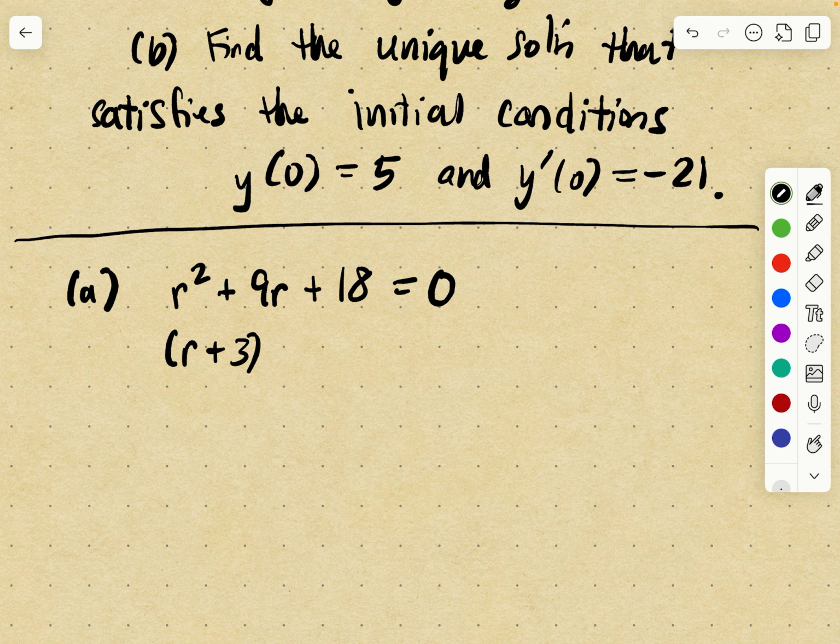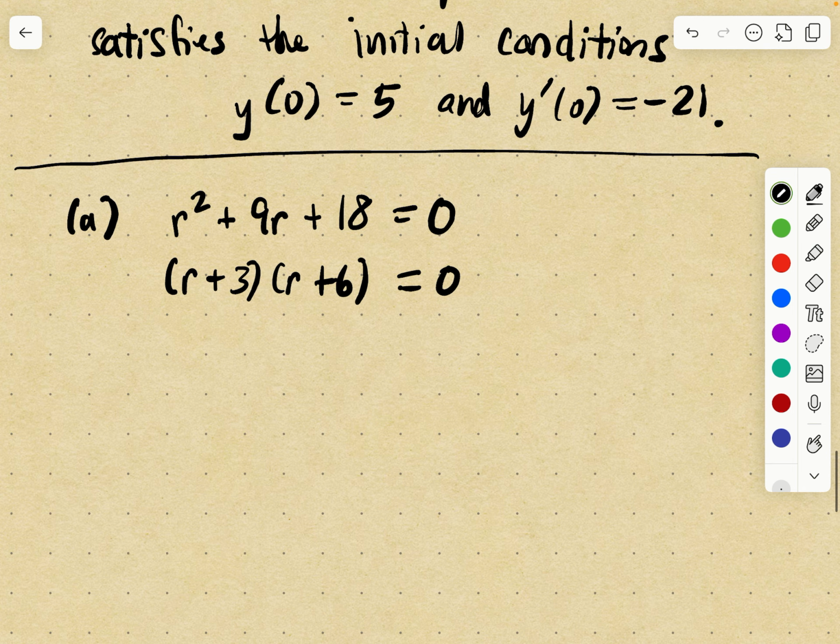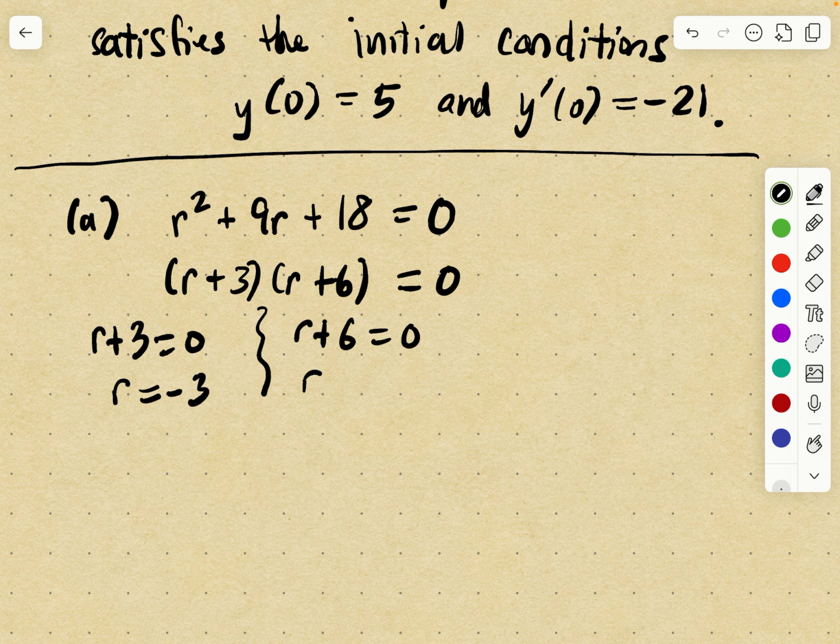It's r plus 3 times r plus 6 equals 0. And so remember when you have two terms, r plus 3 and r plus 6, whose product is 0, then one of these must be 0. So r plus 3 is 0. If you take away 3 from both sides, you get r is negative 3. For the second one, r plus 6 equals 0. You take away 6, you get r is negative 6.